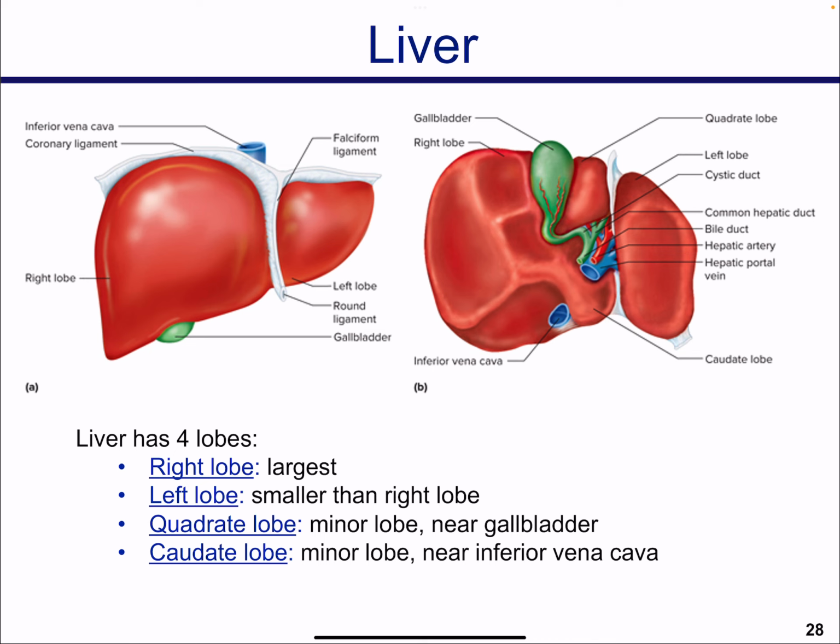Then we have the liver. The liver is going to be essential for the production of bile salts. These bile salts are essential for the digestion of lipids. Remember, the lipids don't mingle with water. However, along the digestive tract, you have water everywhere, right?